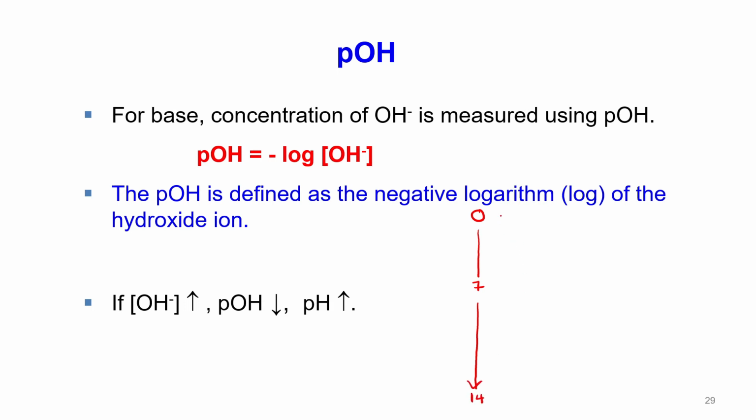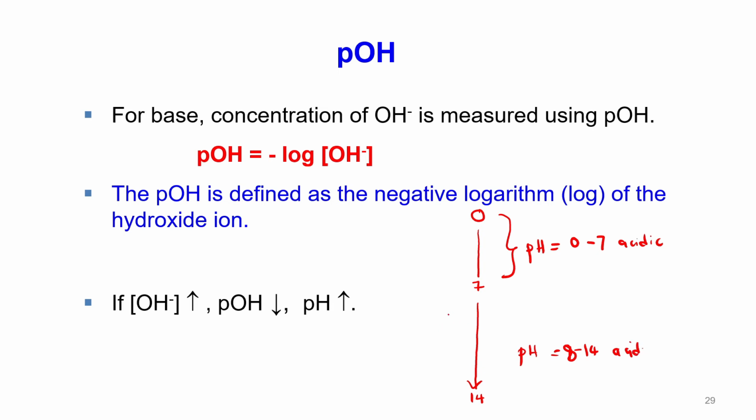Okay, so ini adalah nilai pH. So pH between 0 to 7 is acidic, and pH from 7 to 14, sorry, 8 to 14, is basic.